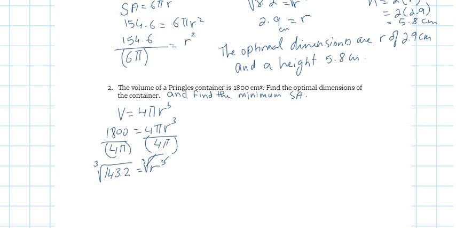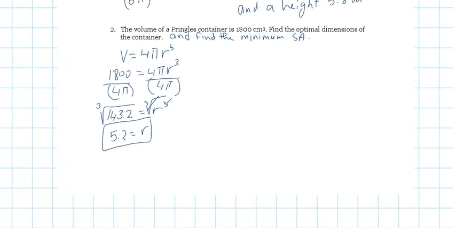Your answer is going to be 5.2. So I have a radius of 5.2 centimeters. What would be my height? The height is 2 times the radius, which is 2 times 5.2, and that's going to be 10.4 centimeters.